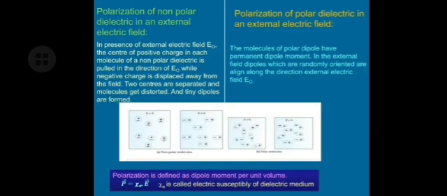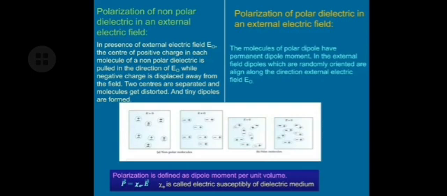If you observe the figure, initially they coincide with each other. The positive and negative charges are shown together. But when they are placed in the electric field, the positive charge moves a little bit in the direction of electric field, and negative charges move away from the electric field, or in the opposite direction of electric field.